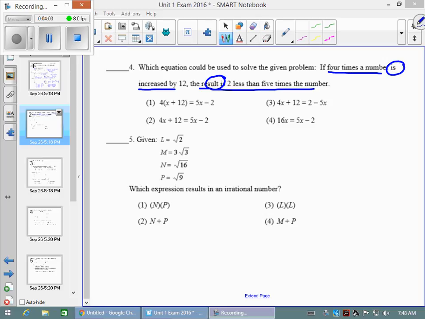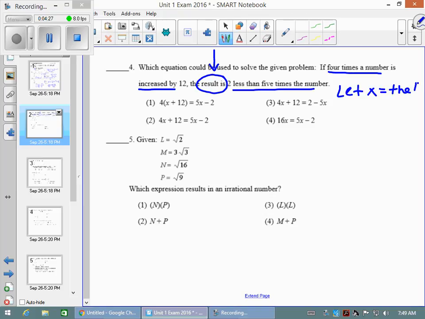This one's a little hard to see, but I circled both for us because I want to identify which one represents our equal sign. So they're telling us if 4 times a number is increased by 12, the result is. So this is actually referring to the answer. This is not, and I can only have one equal sign in an equation. So if 4 times a number, well, let's let x equal the number.